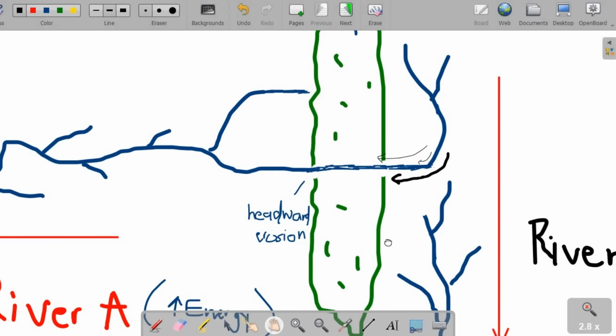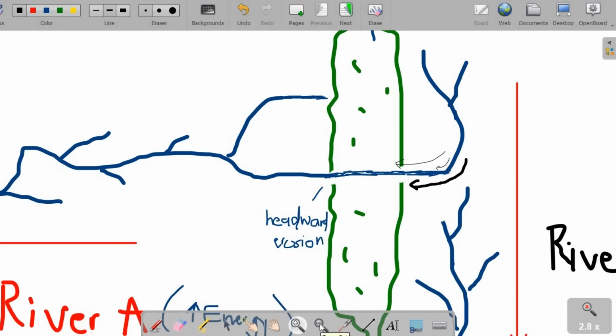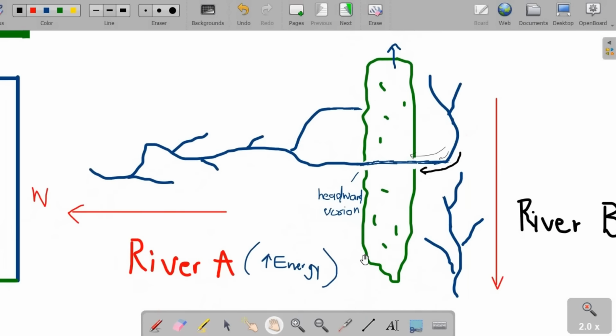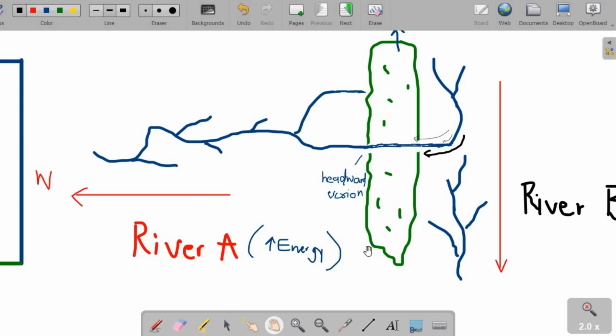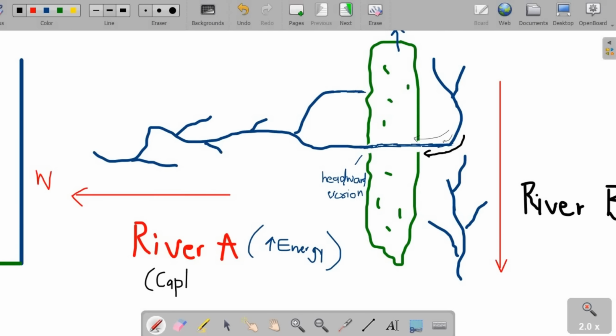So now you can tell that river capture has already occurred here, and you have to be able to identify the features that occur after a river capture has occurred. Now this is a river that has stolen the waters of another river. We call that river a capture stream.